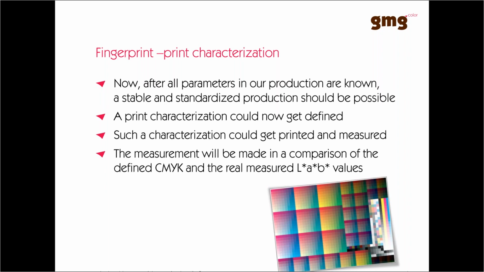Therefore, you're using such a fingerprinting test chart, which might be a visible layout like this, or can also be a random layout, where you have your CMYK patches that you print. You measure your data as spectral values, and software transfers these spectral values into LAB values.